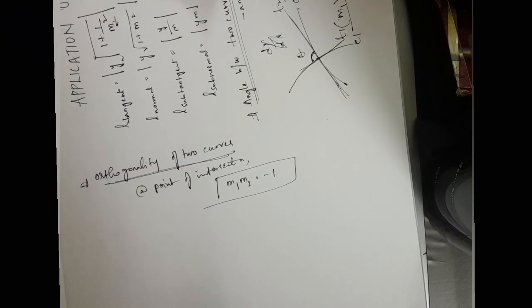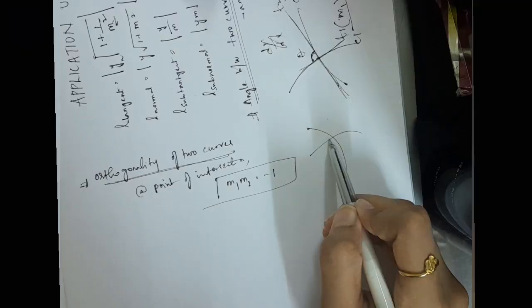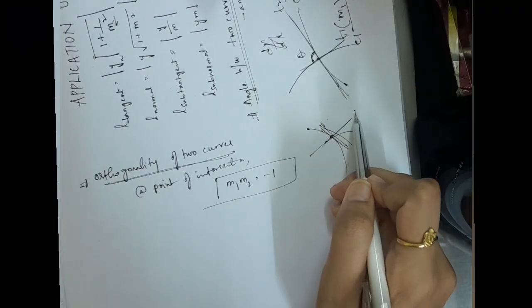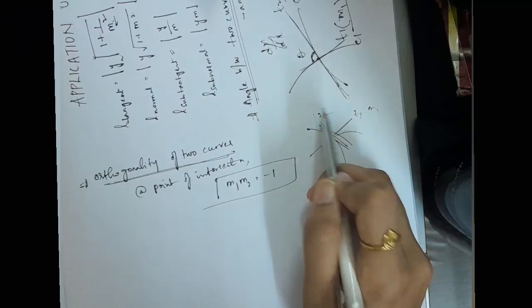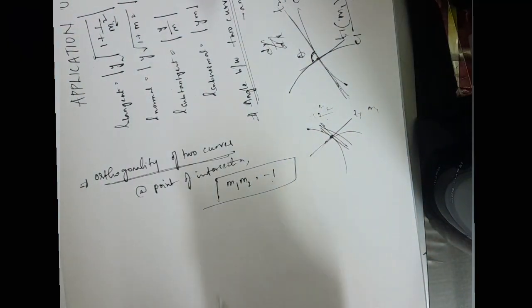Next up we have orthogonality of two curves. So how do you check if two curves are orthogonal? Let's say that's their intersection point, and you have both the tangents T1 and T2 with slopes m1 and m2, and the product of the slopes should be equal to -1, just like we check for the perpendicularity of straight lines. So you just multiply the slopes and the product should be equal to -1.